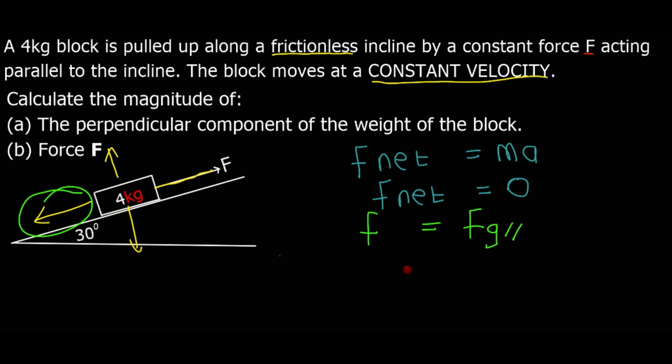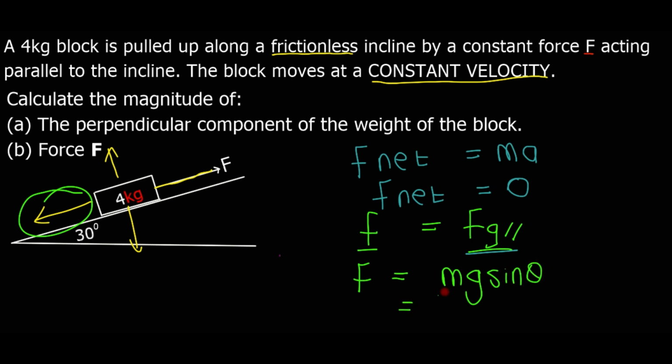So it really makes sense, because ge le gore Fnet equal to 0, re la gore this force and this force must be equal. And then from there, because ke nyaka this F, re la gore is all about finding Fg parallel. So re la gore from there I will say F e lekana le mg sin theta.